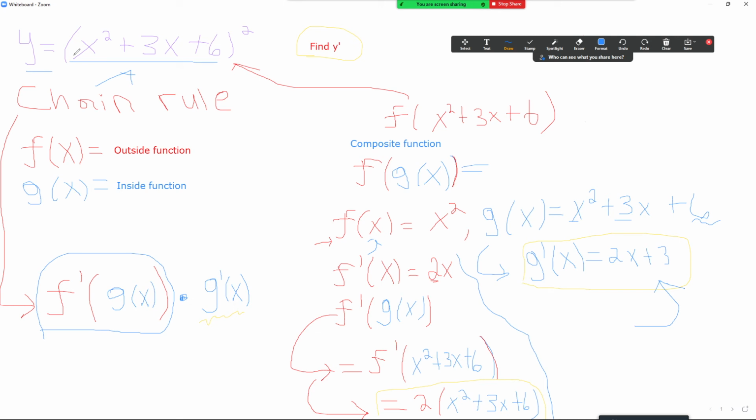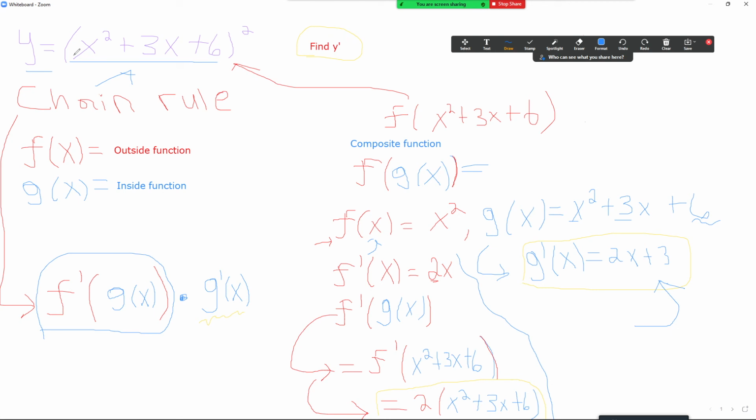Once you identify your outside function, you identify the inside part. The outside one is a little tricky, but the inside usually means it's just inside. And if you want to think about outside, the whole thing is being squared, so it's outside the parentheses.